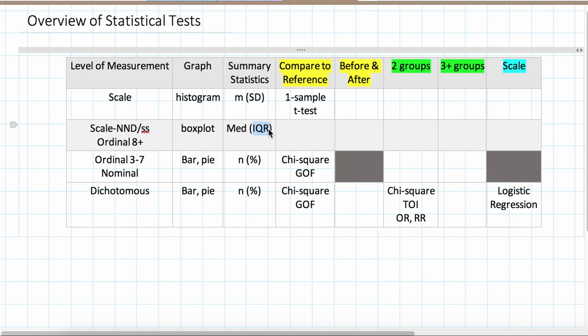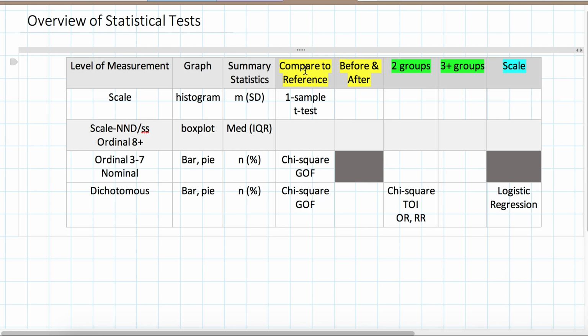Then we've started to learn about inferential statistics, and specifically we're going to be focusing on bivariate inferential statistics. And what I mean by that is we have some kind of a variable, and then we want to look at the relationship between that variable and some other variable, and I'm going to highlight those up here along this top row.